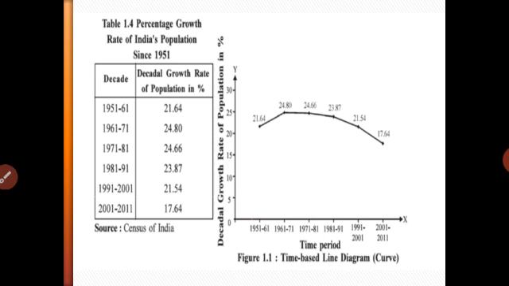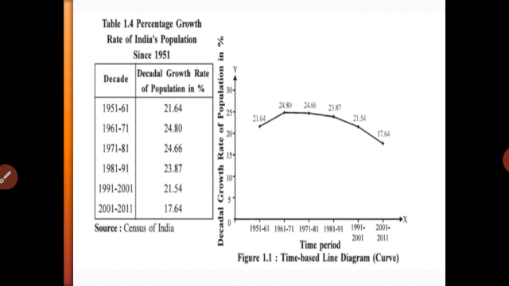Between 20 and 25 you can see 21.64 has one point. The second point is at 24.80, which represents the 1961 to 71 population. Again 24.66 also has a point. So all the percentage data is shown as points, and all the points are joined by a line. So it is called a line diagram.